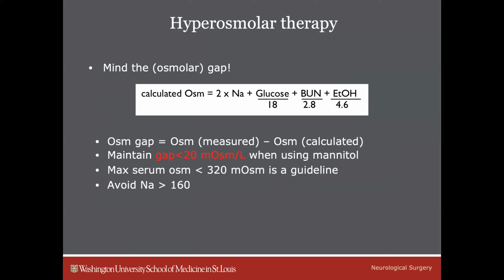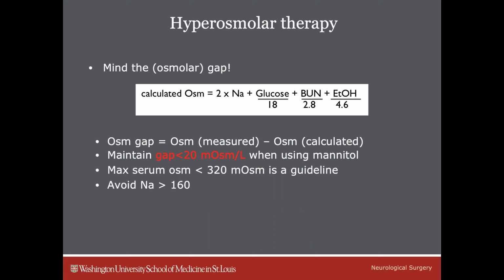One of the things that we look at when we're using mannitol is what the osmolar gap is. Ideally, you want a gap less than 20. A lot of people also say that you want to maintain serum osmolarity less than 320. That's a good guideline, but ultimately, your gap is what you want to be monitoring when using mannitol. And then again, sodium, you want to avoid it going above 160 if you can, because there are some studies that show that sodium greater than 160 has been associated with increased mortality.